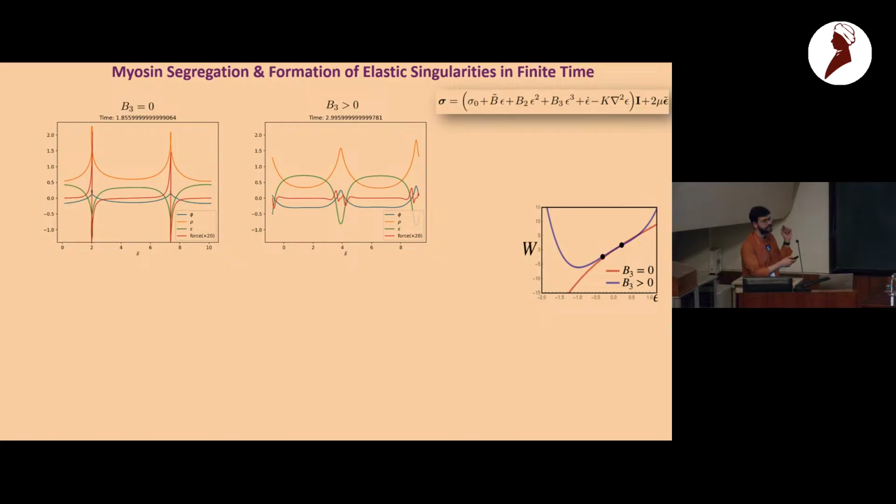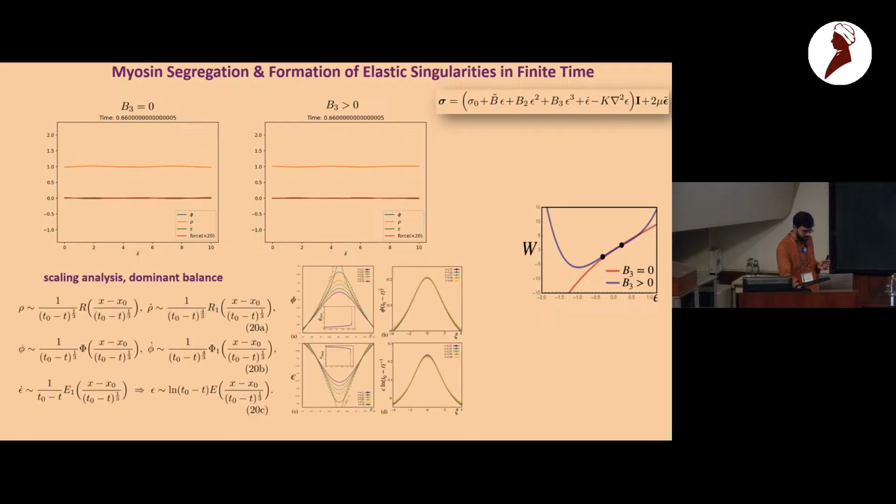We will see a 2D simulation shortly. With a small B3 term, which gives you a short length scale, you won't hit the elastic singularity. You will stop just before hitting the singularity.